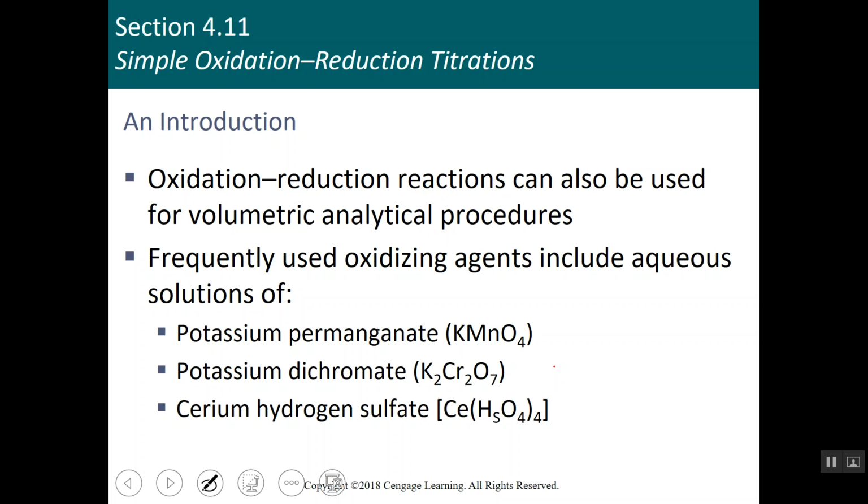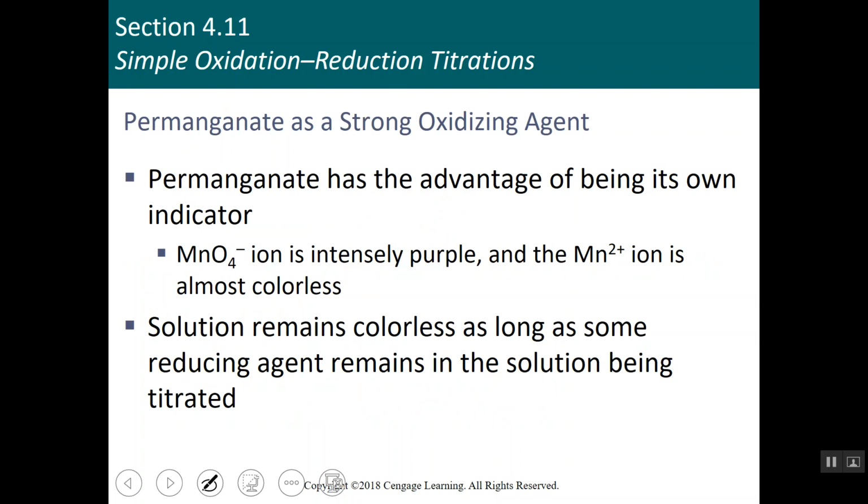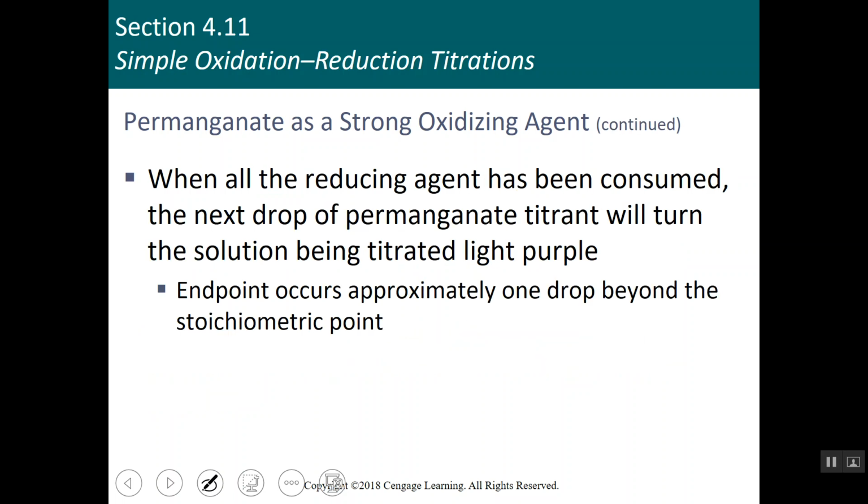Personally, I've never seen cerium hydrogen sulfate, but potassium dichromate and potassium permanganate are very colorful, and if we reduce them, then we're going to change their colors. So when we have permanganate, it's purple, and then the manganese plus 2 ion is almost colorless. It kind of turns a blackish brown. And so then we know when we've reached the end point of a titration.